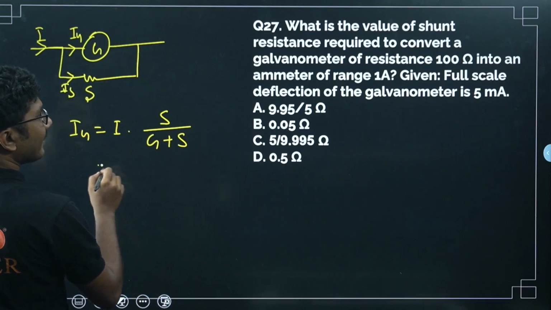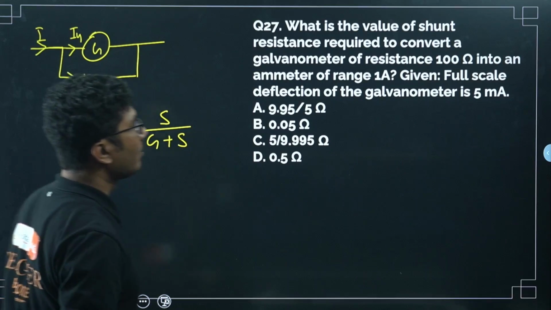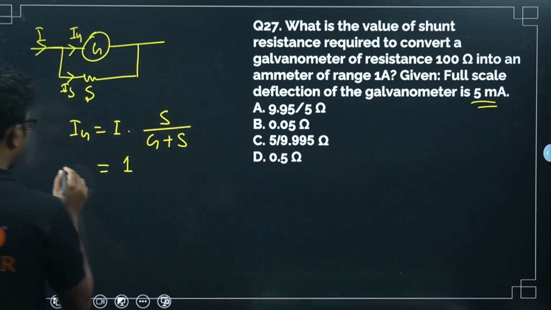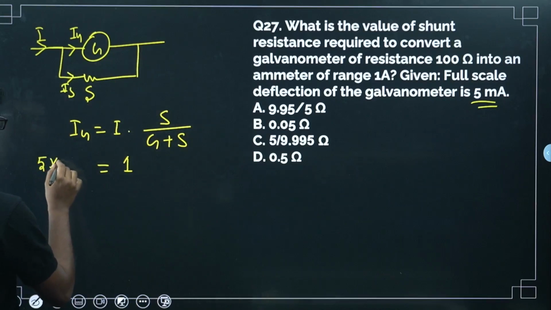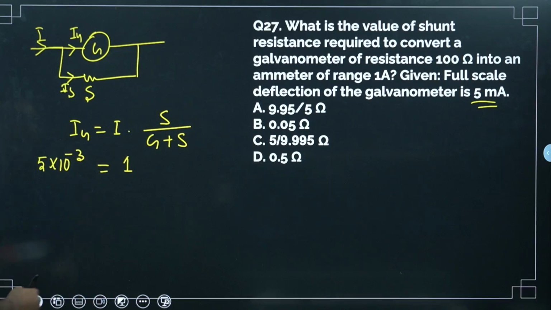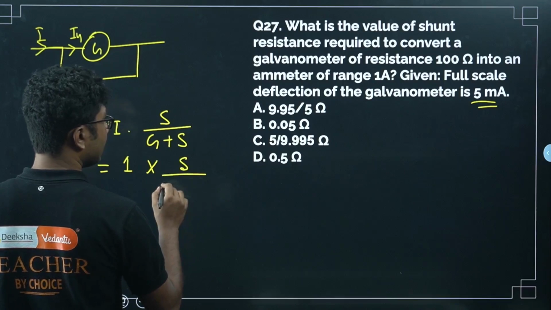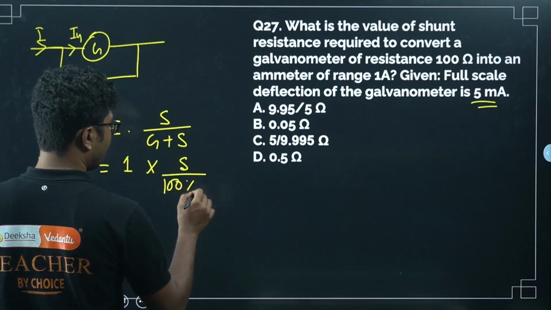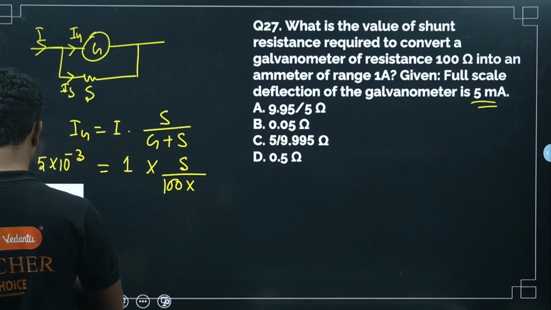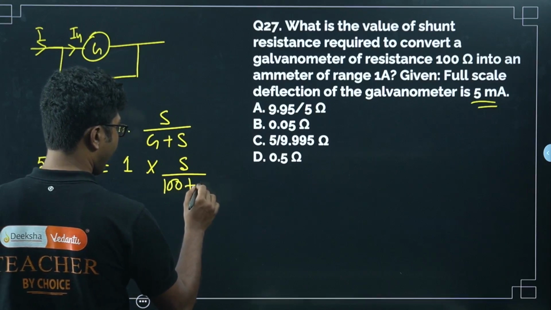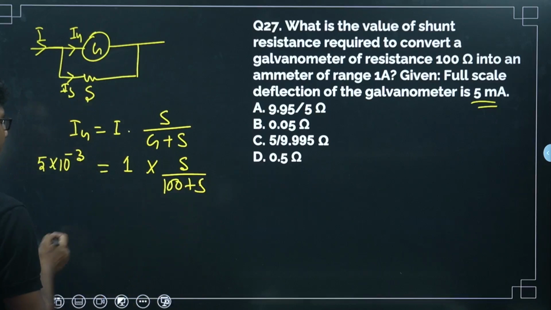Now I is given 1 ampere, okay, and Ig is given 5 milliampere. 5 milliampere means 5 times 10 to the power of minus 3. Okay, so I is 1 ampere, S we do not know. Okay, G is given 100 ohm, sorry, it will be G plus S. Okay, now let's calculate.